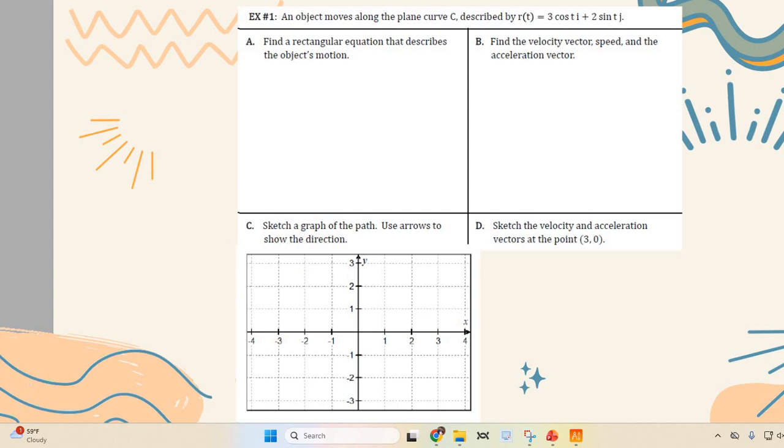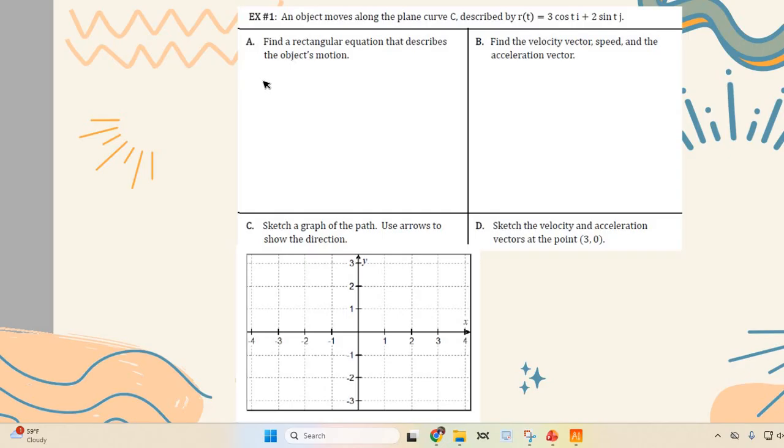What do we want to do? Remember our vectors are very similar to our parametric equations. So technically, my i is my x, my j is my y, because basically those are our horizontal and vertical components.